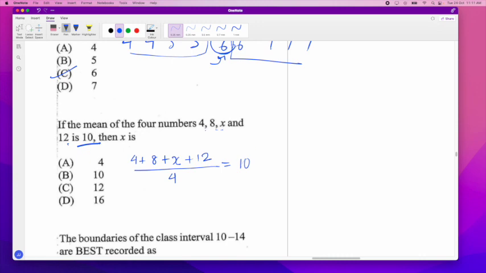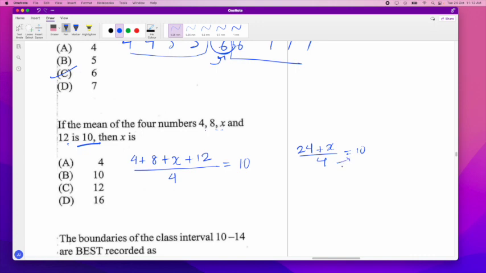So now we just do the algebra here. We have 4 plus 8 plus 12. I can just add those things. So that's 24, right? 4 plus 8 plus 12 is 24. So what we really have here is 24 plus x all over 4 is equal to 10.